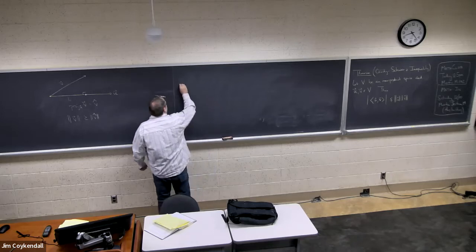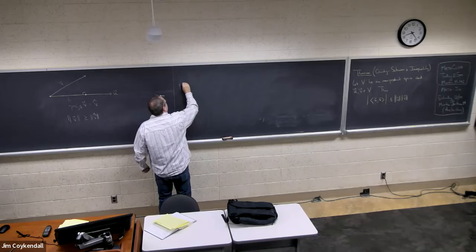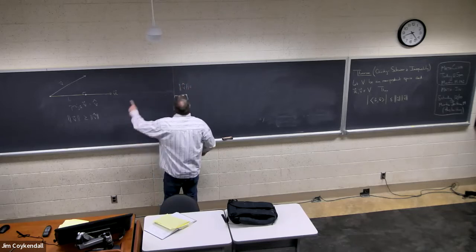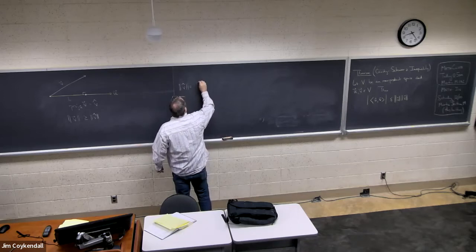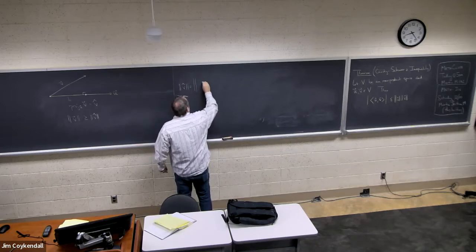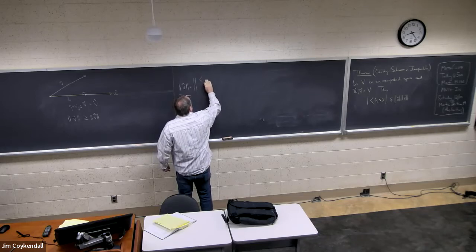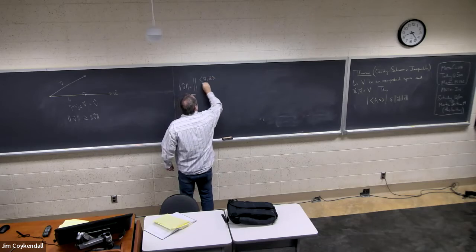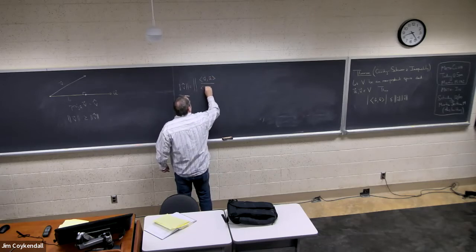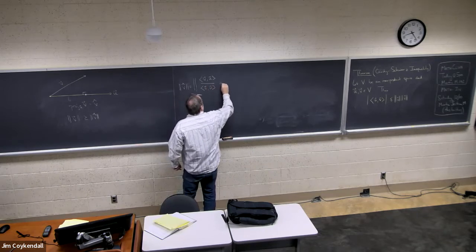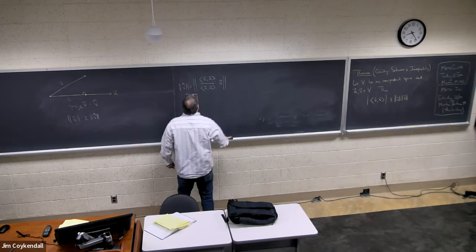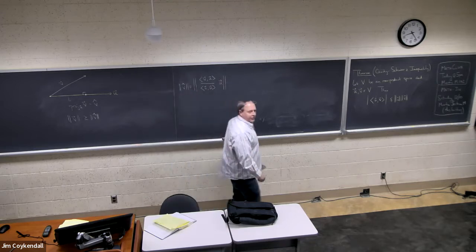So what was V hat? Well, the way we got V hat was we took the projection of V upon U over U and brought it on itself. V hat is this thing, correct?